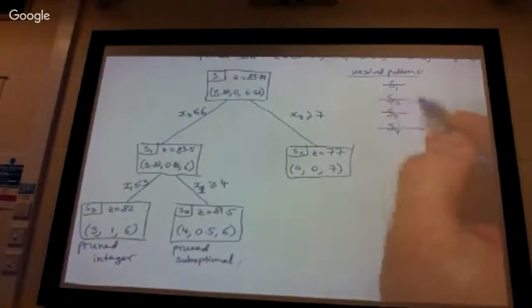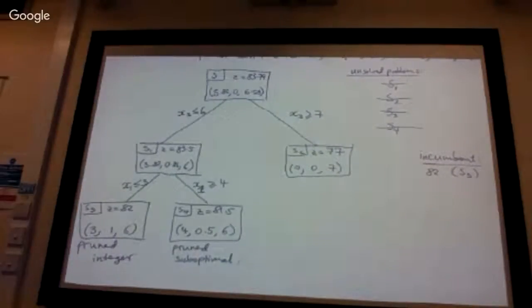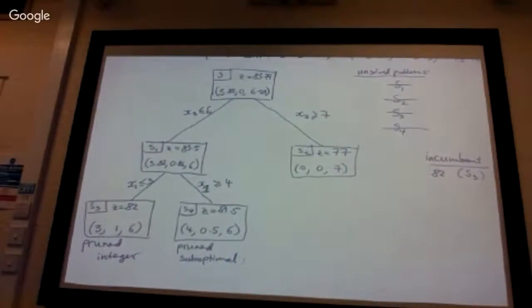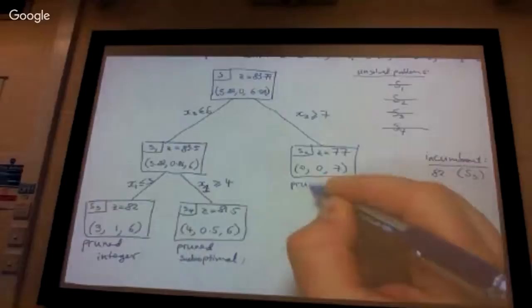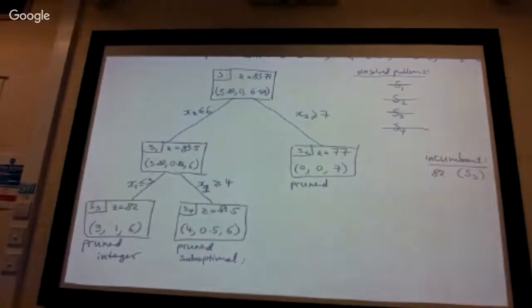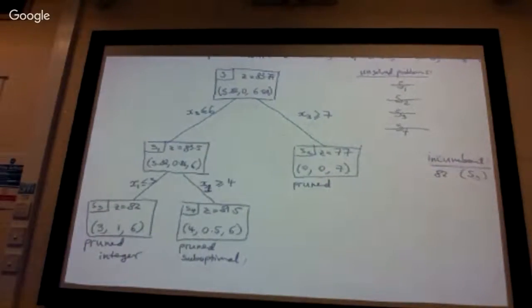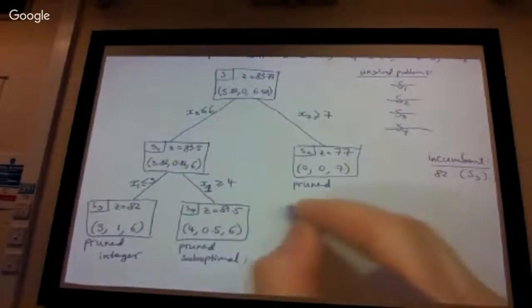So that's S2 solved. Any branching? No. Because it's both integer and suboptimal.